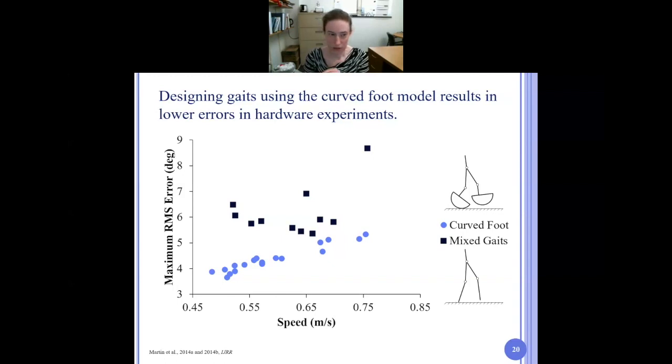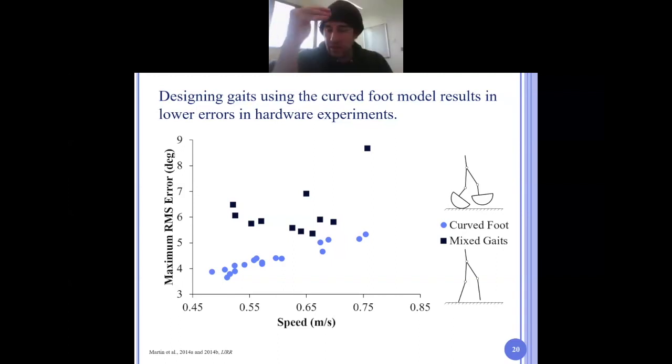So the control parameters are basically choosing the desired trajectories. And since the two models have the same number of degrees of freedom, we have the same number of control parameters. Right. So at the end, the two models have the same amount of degrees of freedom.